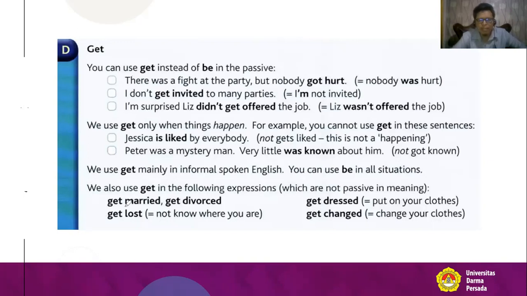Get married means married, get divorced means divorced, get lost means lost. Get dressed, get changed. So these are idiomatic expressions with get. So we are not talking about passive.